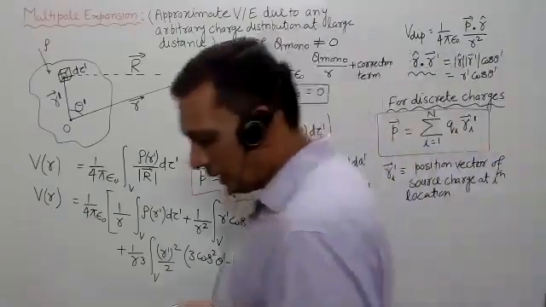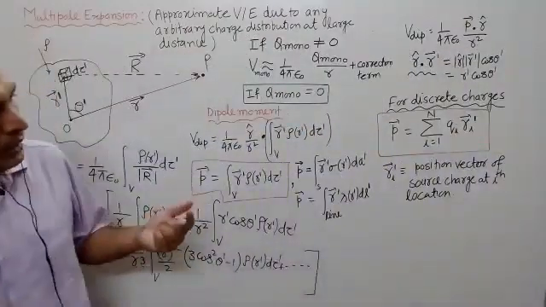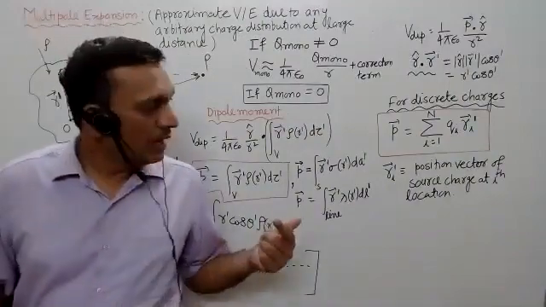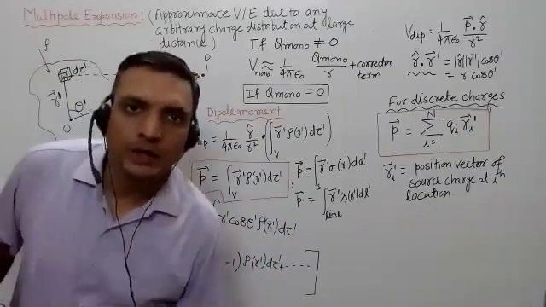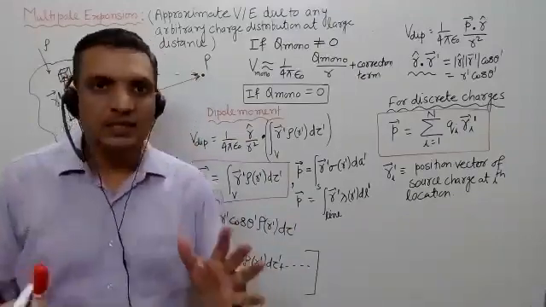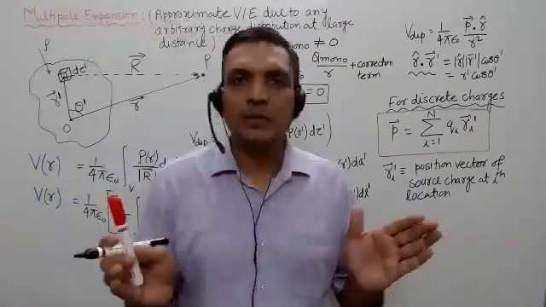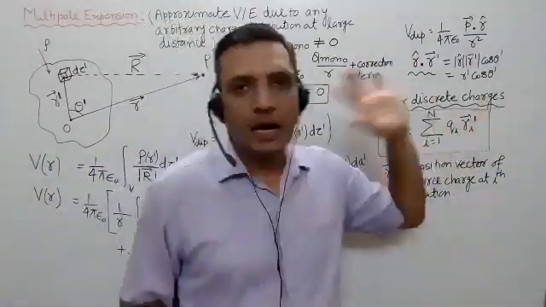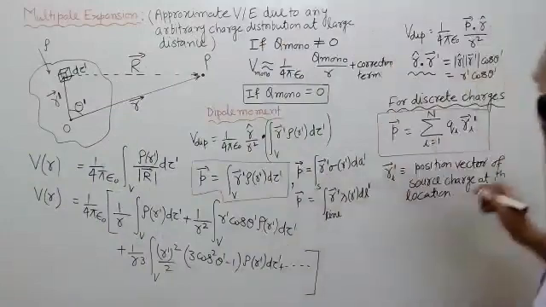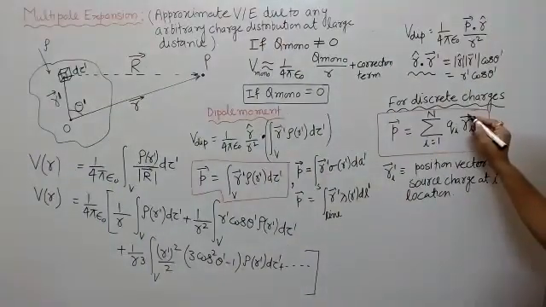If you have to find the dipole moment, then you need Ri dash. In case of monopole moment, you have to just find the total charge, simply the sum of Qi. But in the dipole moment, you need Qi Ri dash, where Ri dash is the position vector of the source charge at the ith location.